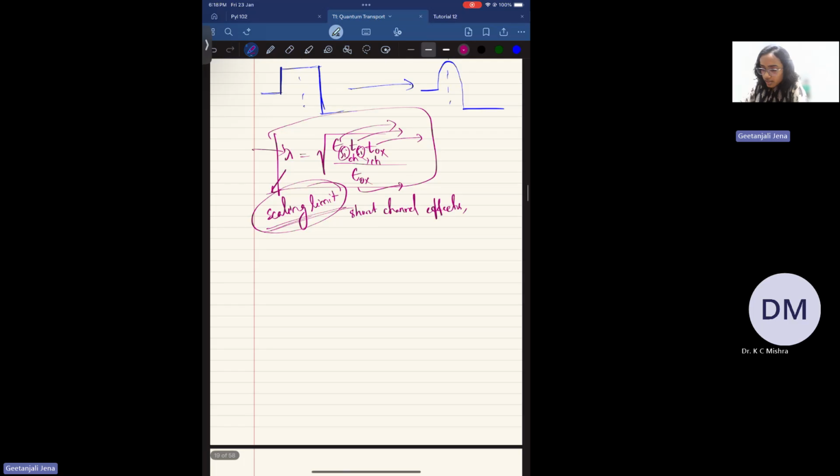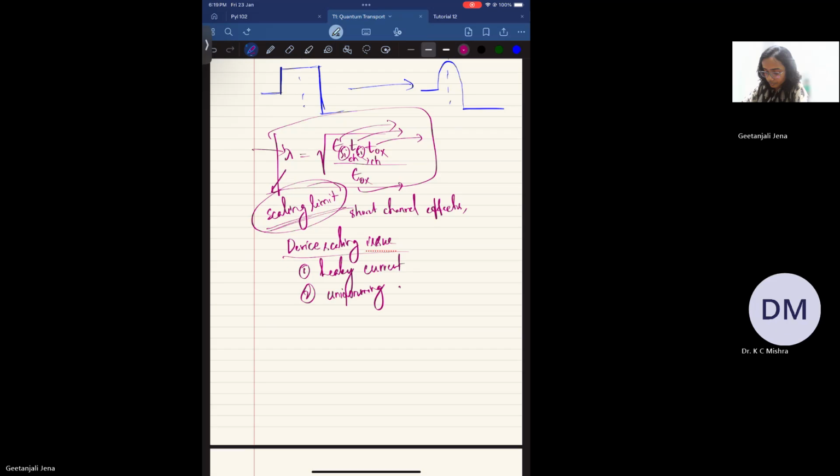These are some of the issues that we have seen because of the size reduction. One is the leaky current, and another is the uniformity of the device performance.